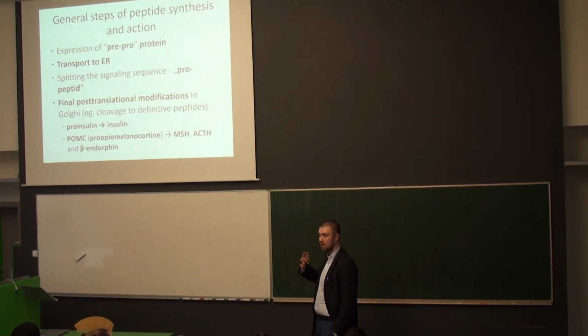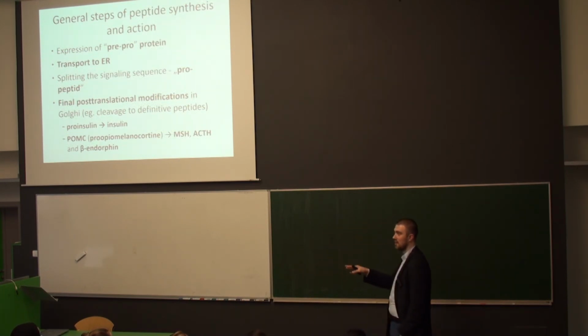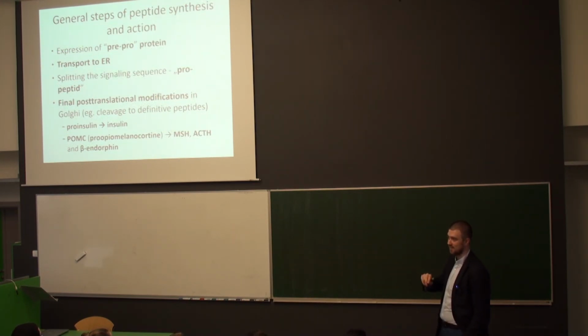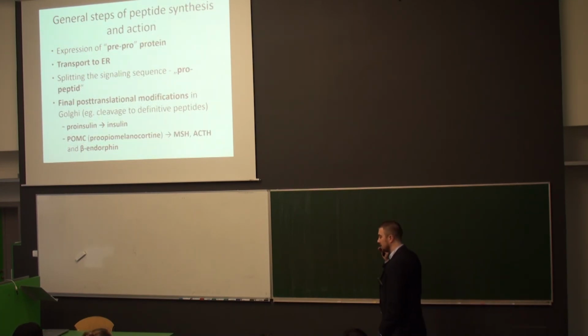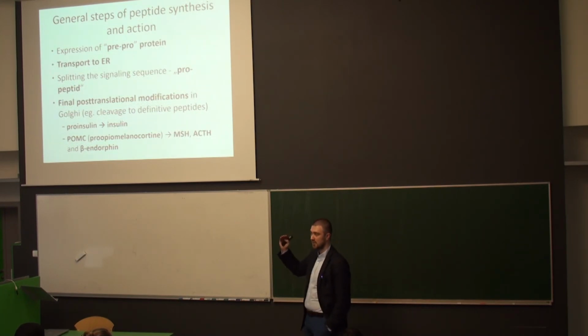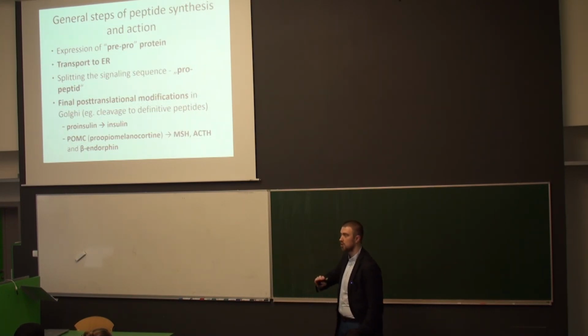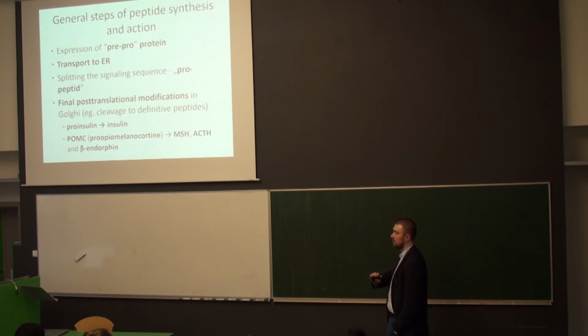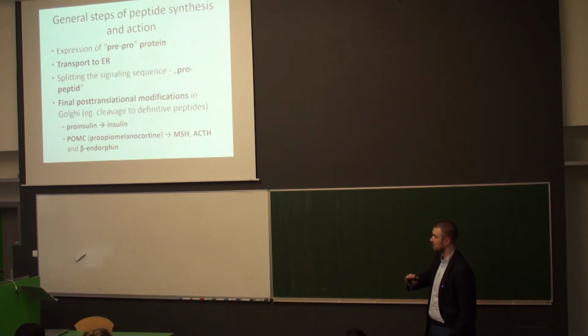Of course, you never have to learn this, unless you really want to do very good or very specific science. What we expect you to know are simply the steps from the beginning of synthesis till the production of the final peptide signaling molecule.